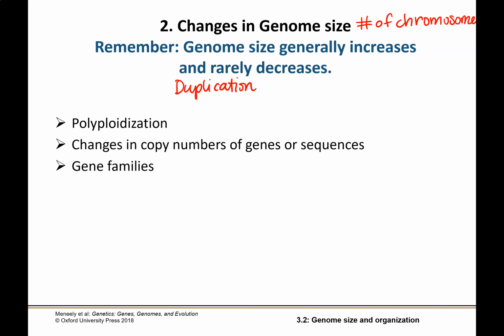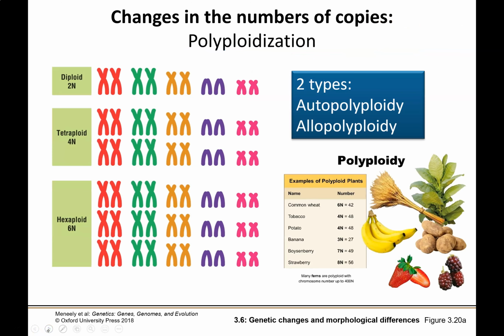So let's talk about some of these changes. The first is polyploidization. You might recognize this ploid. Remember that ploid means number of chromosomes. Poly means many. So this means many copies of chromosomes, or changing the number of chromosomes. We are diploid, we have 2 copies of each type.